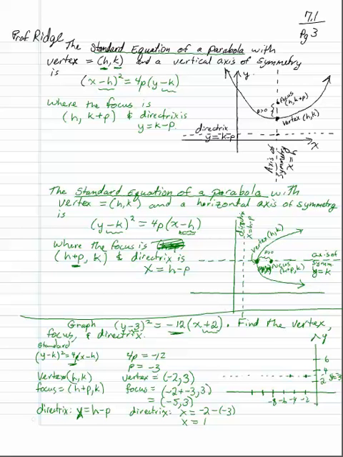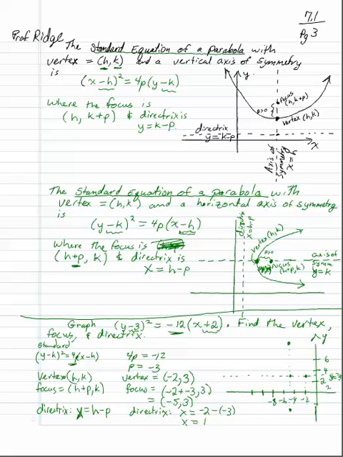So I'm going to go down, let's see, 1, 2, 3, 4, 5, 6. From here, 6. And up, 1, 2, 3, 4, 5, 6. And then I just make my, oh, I forgot to do my directrix.